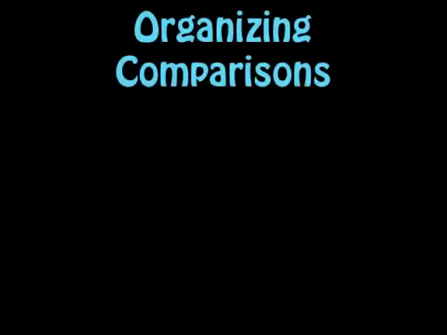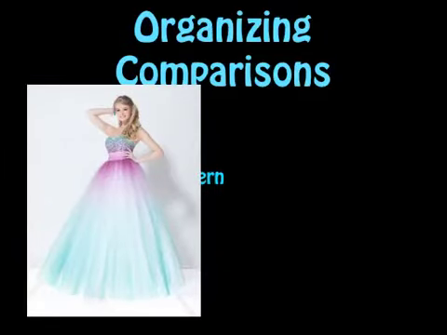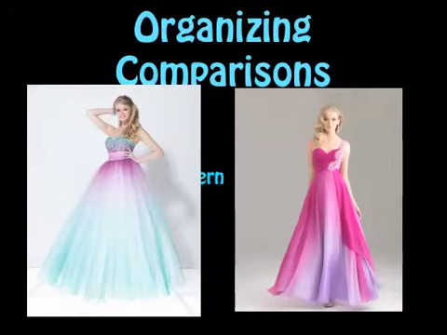Organizing comparisons. The block pattern. Basically what the block pattern is, it's taking one thing, like this prom dress here, and describing it full on, what it is, why it's important, why it's not important, things like that. And then taking this other prom dress and doing the same thing, but never overlapping the two.